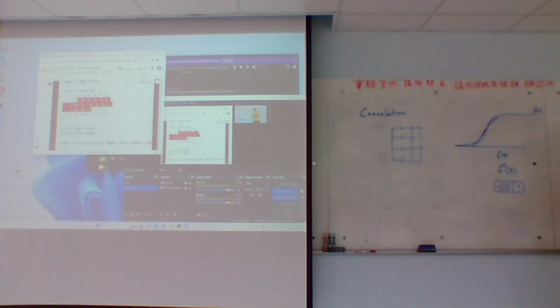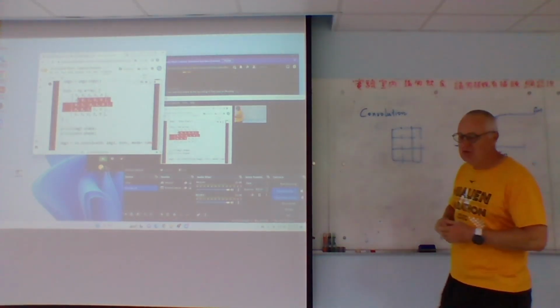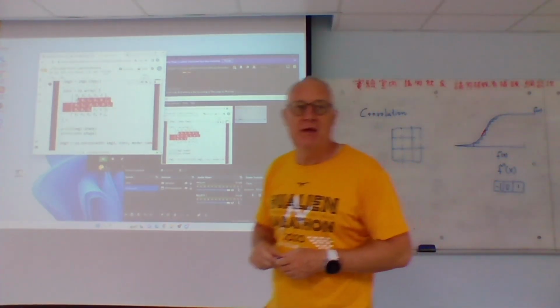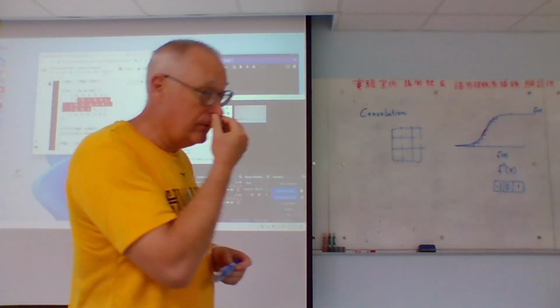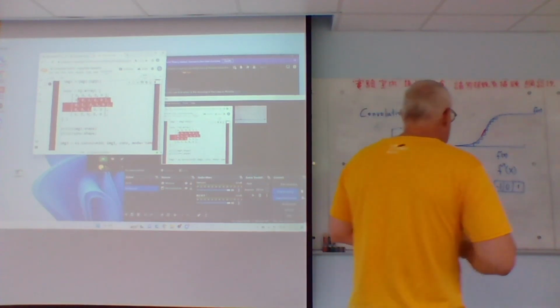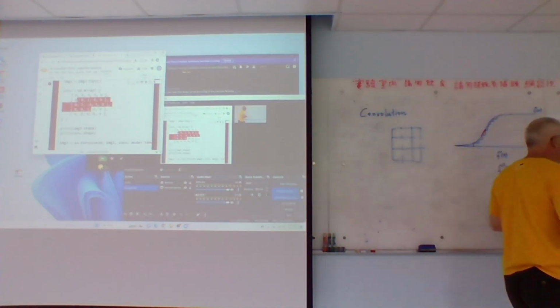Well, the first derivative is how much the function changes, so the second derivative should be how much the first derivative changes. Right? It's a derivative of the change in the function.